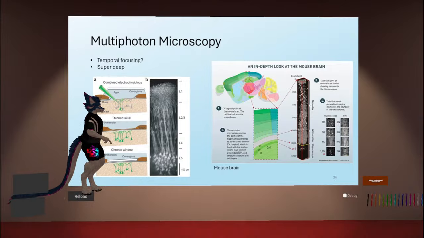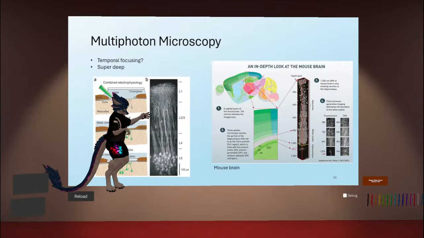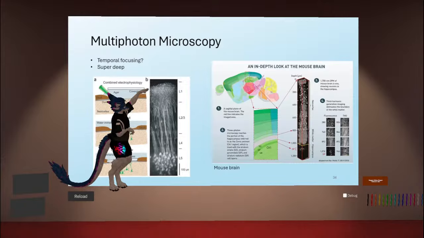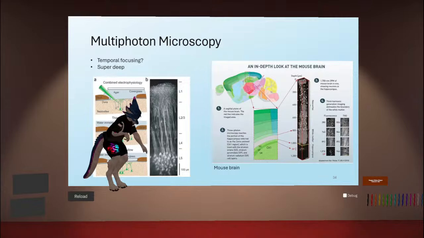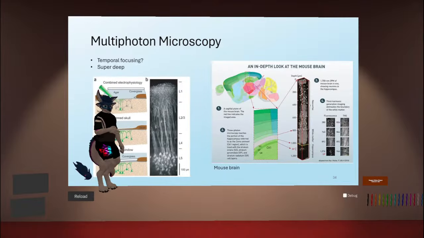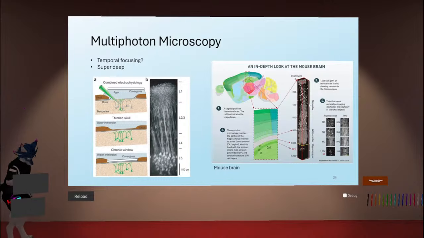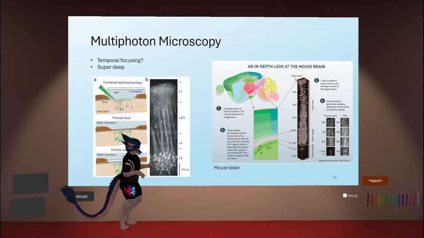And I would say the poster child from the community is these rat brain images. So these will be 3-photon or 2-photon images looking into a rat brain and going extremely, extremely deep, like 2, even 3 millimeters down. And they're able to resolve small structures like these neuronal cells down here.